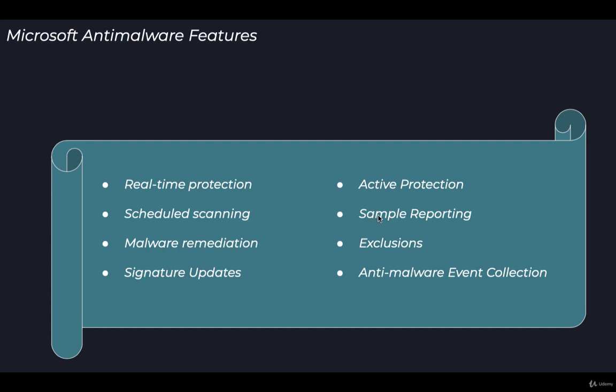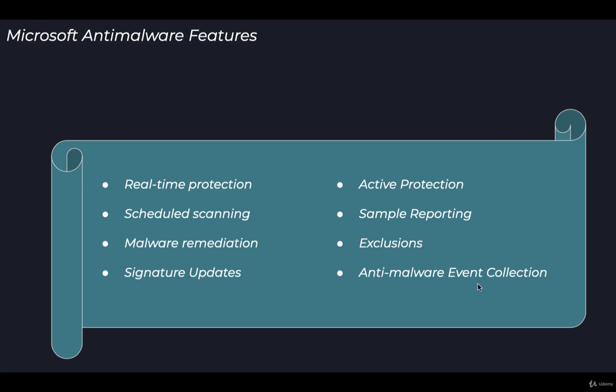Then sample reporting provides sample reports to the Microsoft Anti-Malware service to help refine the service and enhance troubleshooting. There might be a possibility that some application or service interacts with the anti-malware and is not able to run, so you can have exclusions, features like we get in a typical antivirus.